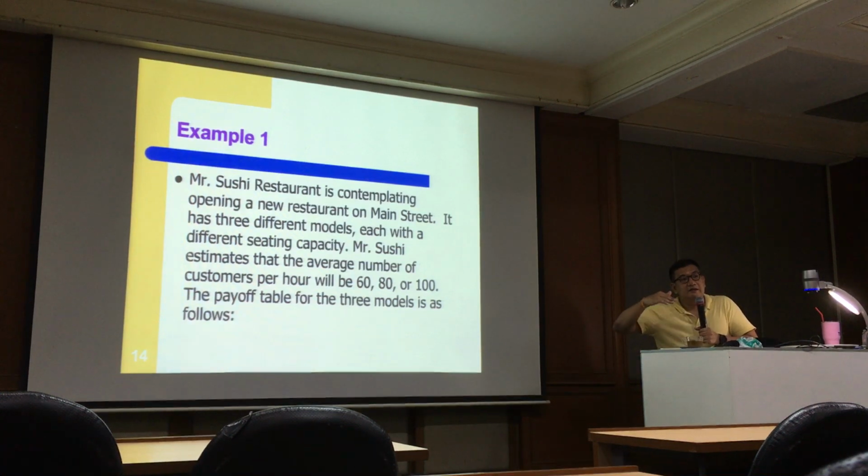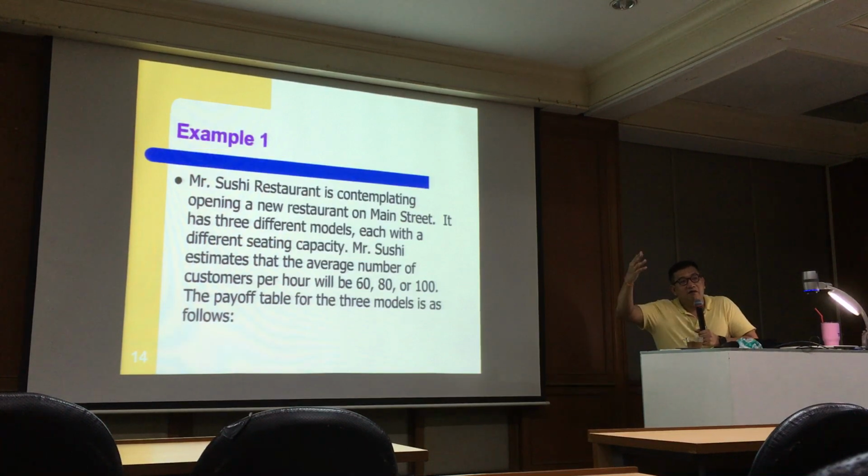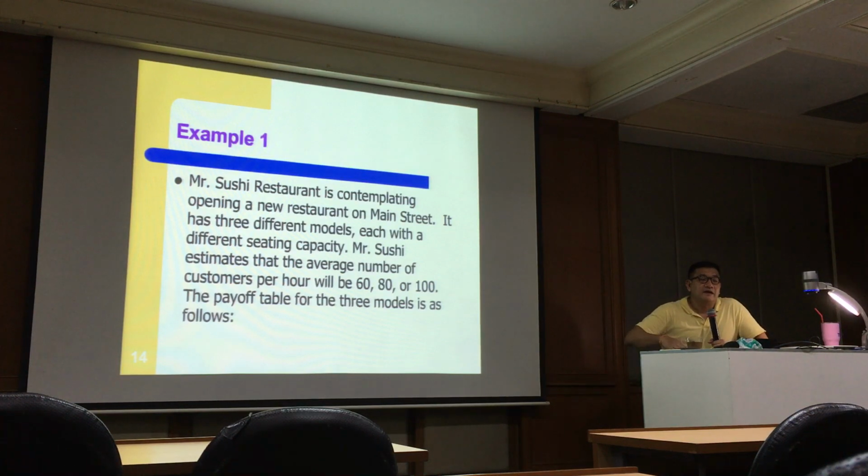For the outcome, or the future circumstance, no matter which alternative you select, you're going to have an outcome from that selection. For example, high demand or low demand, or you can think about your product being favorable or unfavorable. So decision making under risk means you have different alternatives, and for each alternative, you have different outcomes, and you can estimate the probability of each outcome.